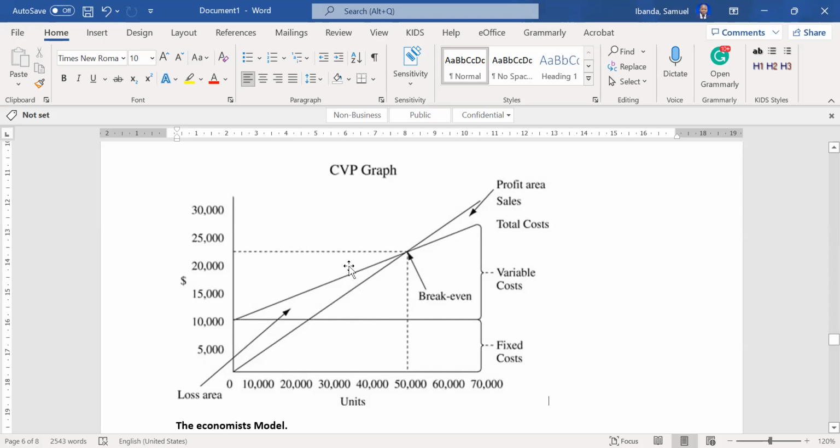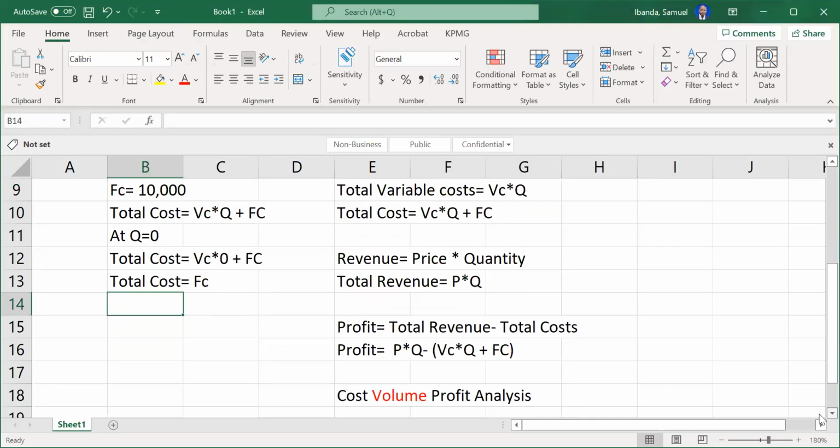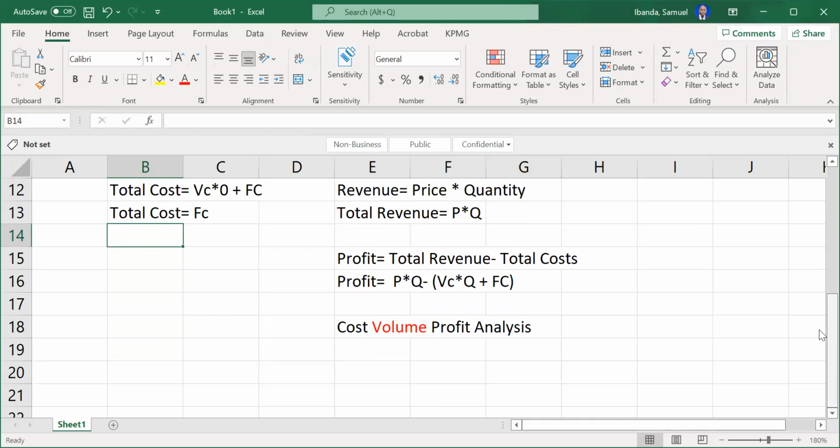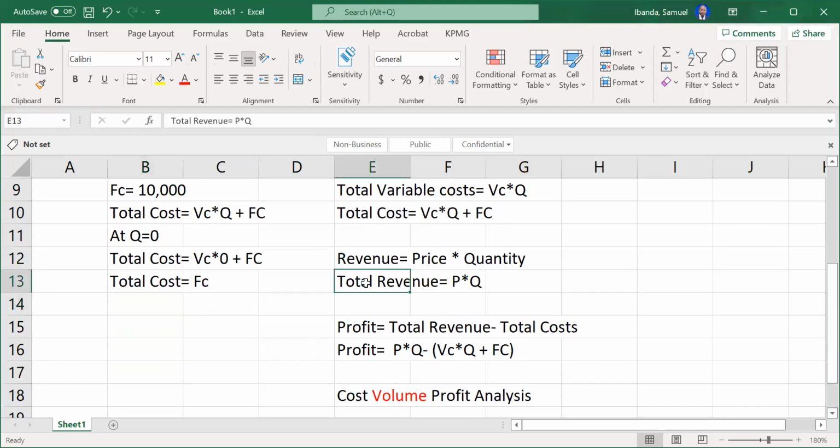There is that point in time when your total cost will equal the total revenue, and we call that the break-even point. We've said that our total revenue is this and our total cost is this.